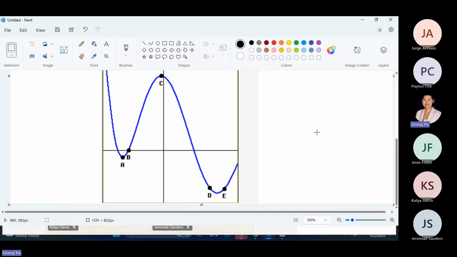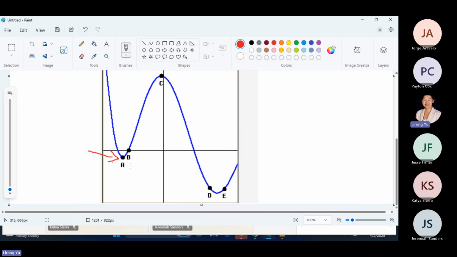For example, we start with A. It was decreasing then increasing, right? Remember, whenever the function is decreasing then increasing, you have a local minimum, and we're supposed to have the first derivative be 0. That's a critical point, right? Okay, so at A, let me try to change the color so it's more visible.